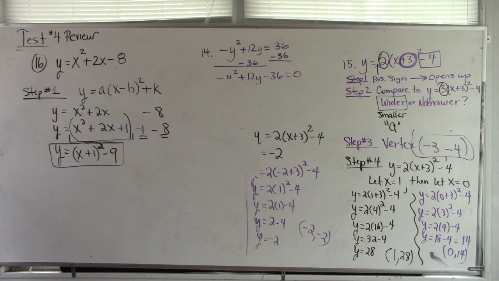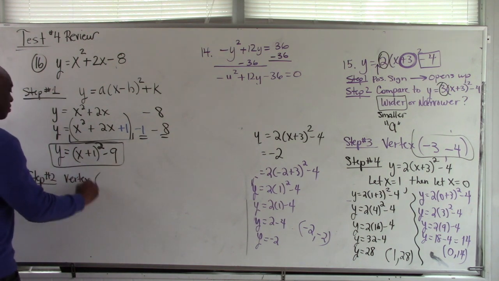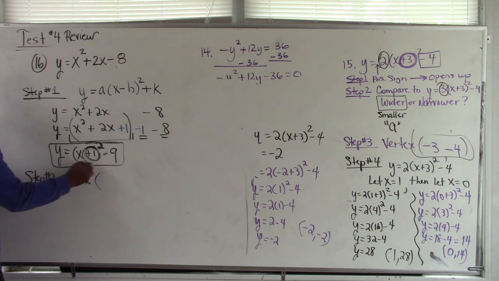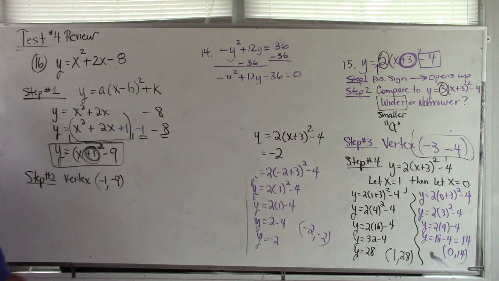All right. That's in vertex form. Okay. Find the vertex. That's step 2. Vertex is, remember, the opposite of that one. Negative 1, comma, negative 9. That's the vertex. Opposite here.